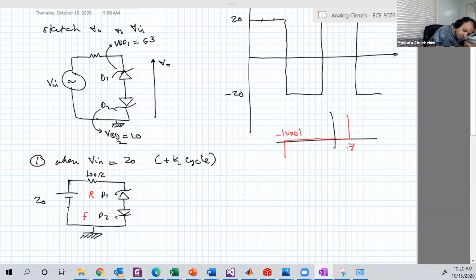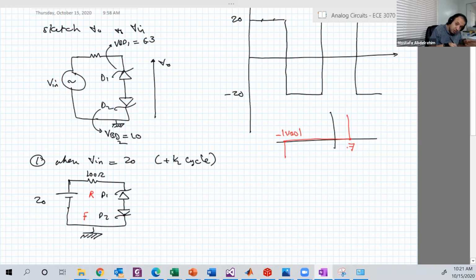That means for forward to conduct, the input must be larger than or equal to some value, probably larger than 0.7, so the diode can conduct in forward. And in reverse, the reverse voltage should be in magnitude larger than V breakdown in order to make the zener conduct.